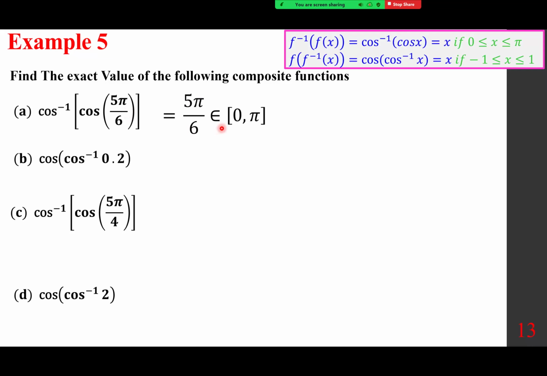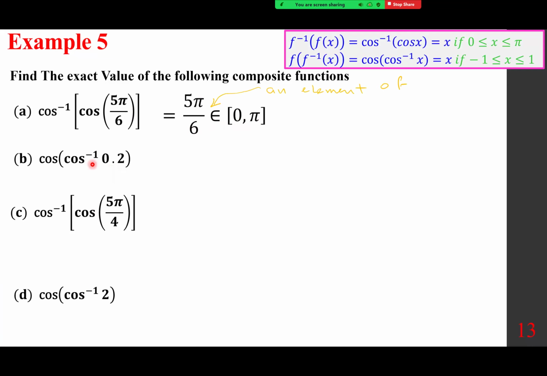5 pi over 6 is an element of the interval. I think I've discussed that this notation in set theory is read as an element of, that belongs to the given interval. Now, cosine inverse of cosine of 0.2.